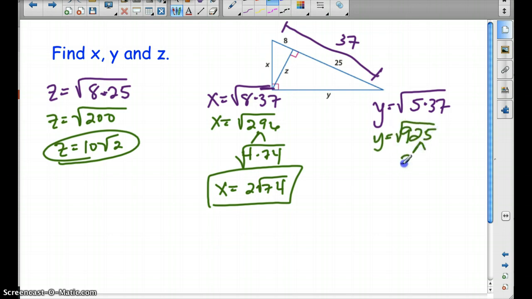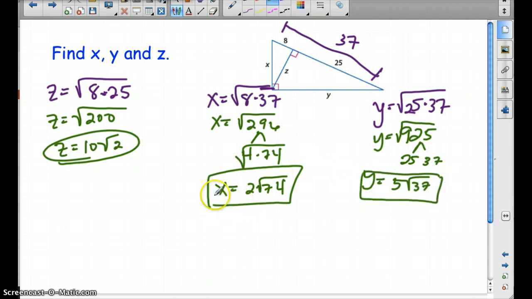So 25 is going to go into it. Oh, excuse me, I did that wrong. I was wondering, hey, that doesn't work out. So it should be 25 times 37. So y is going to be 5 square roots of 37.